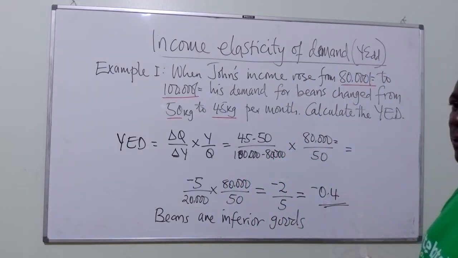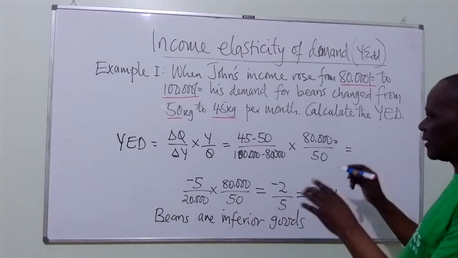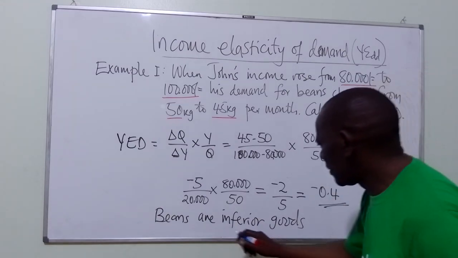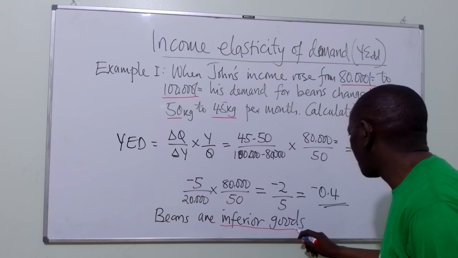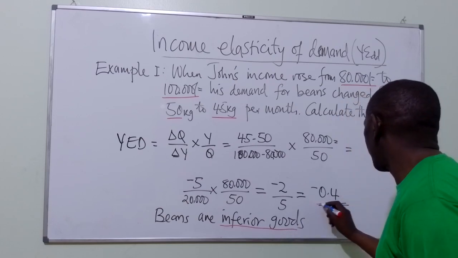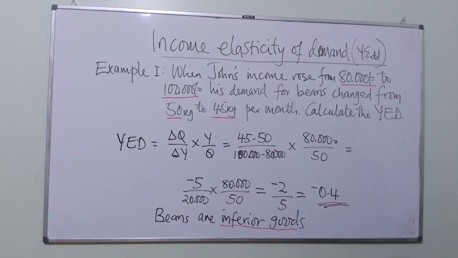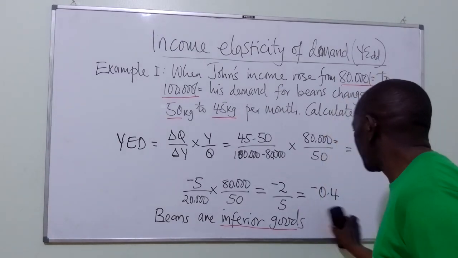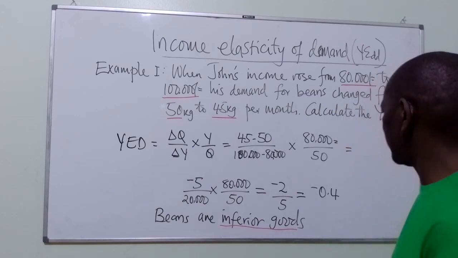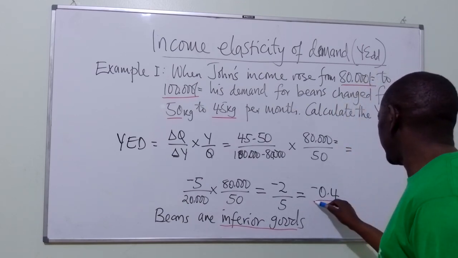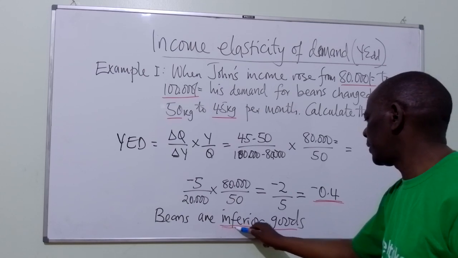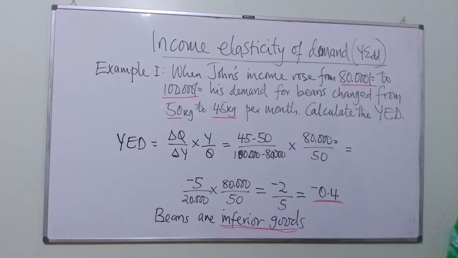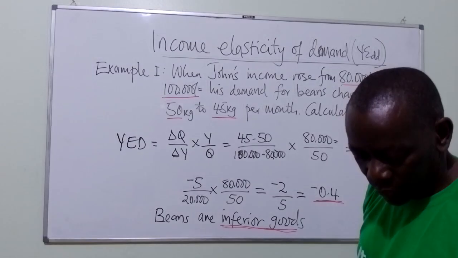So here, the major aspects that we look at are this word and this figure here. It has given us a negative figure, and because it has given us a negative figure, we say it is an inferior good. So this is the calculation that we have seen.